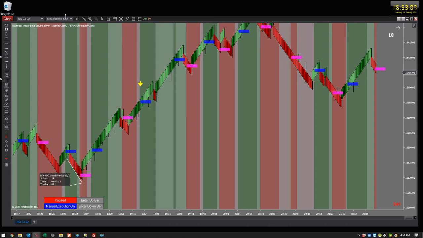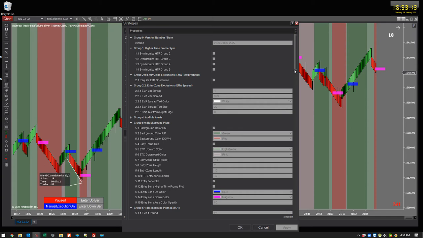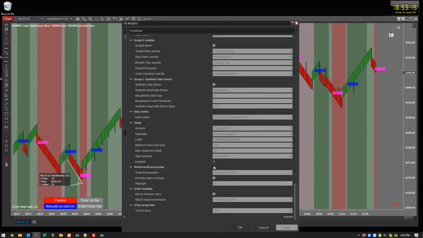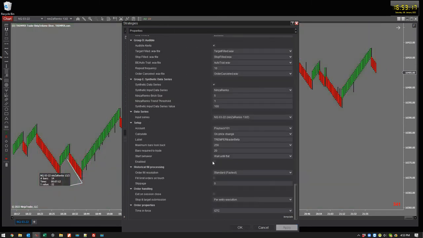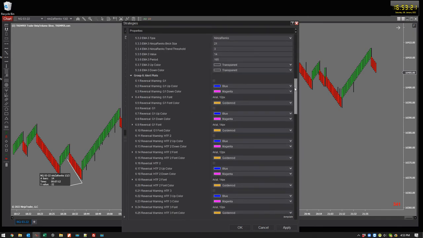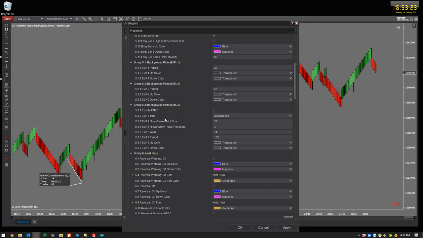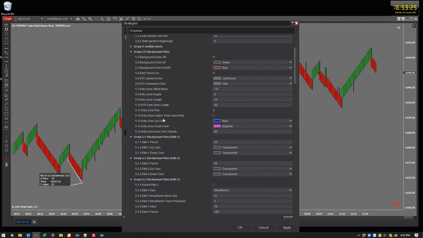I'm thinking it's a 13-tick chart, so it would be 13. So if I change this to negative 13, oh, I see what it is. Okay, let's go negative 13, because that's the bar length we're dealing with here.